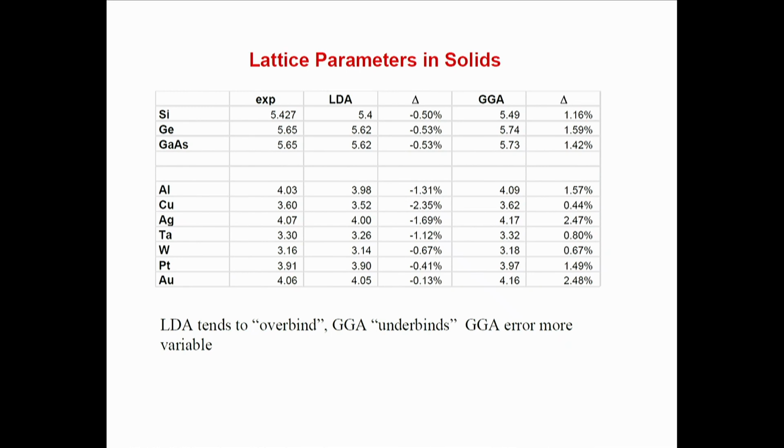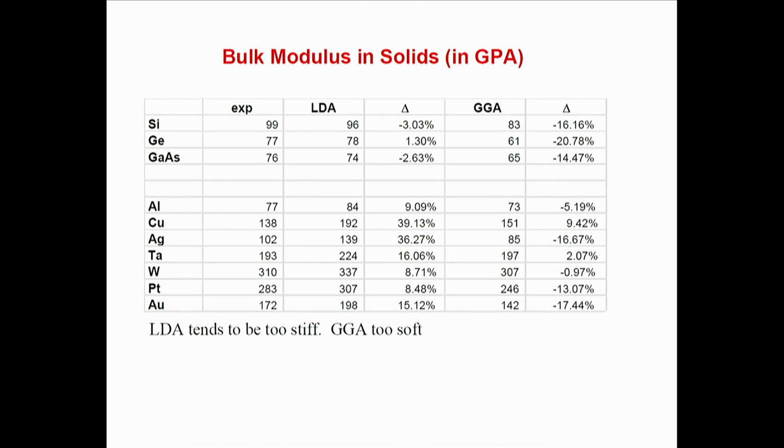And GGA tends to slightly overestimate those lattice parameters. As a consequence, LDA gives too high bulk moduli, so the second derivative of the energy, while GGA tends to give somewhat softer materials. So materials in LDA are somewhat compressed and stiffer. Materials in GGA are somewhat slightly expanded and softer.